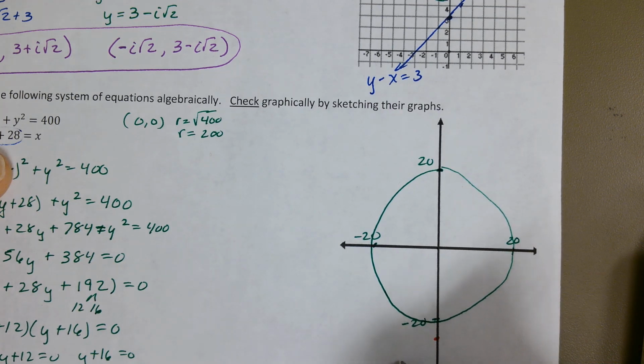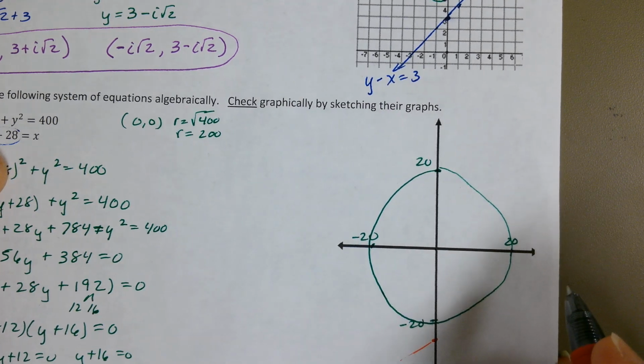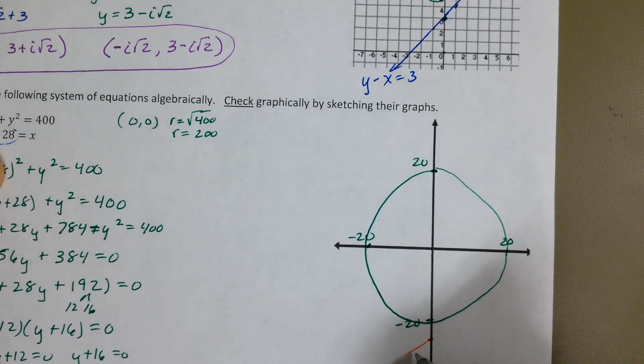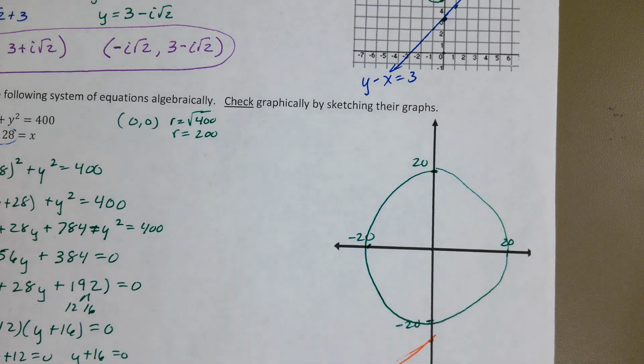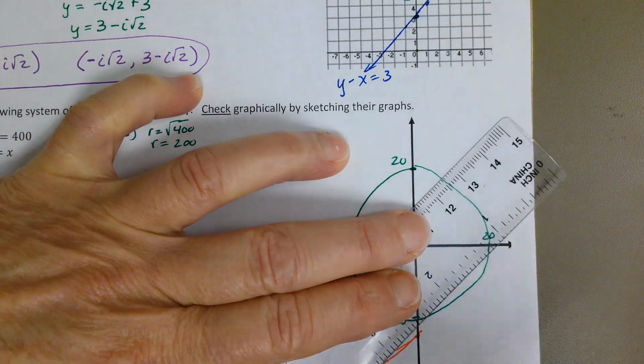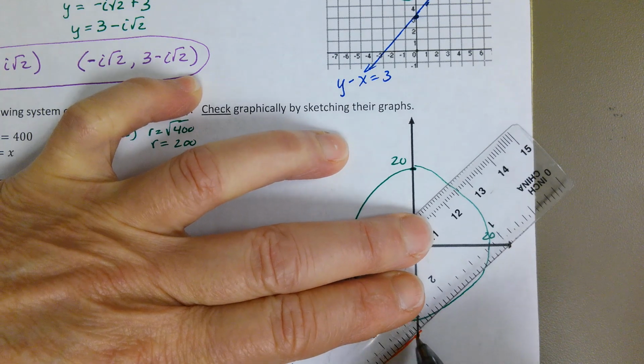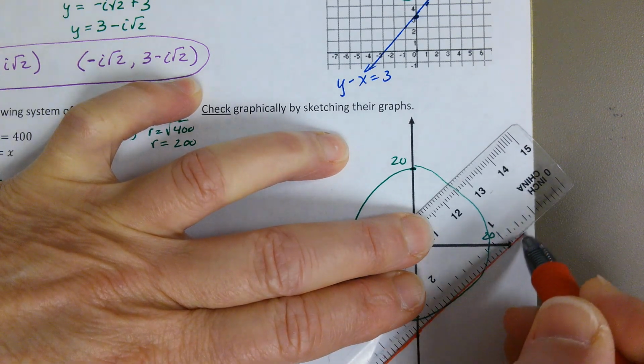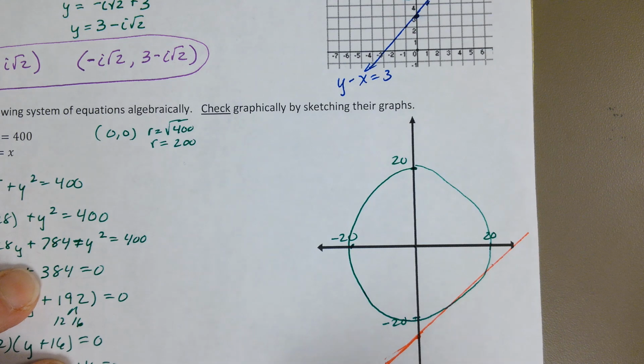And a slope of 1. We must have something similar to this, with our 2 points of intersection.